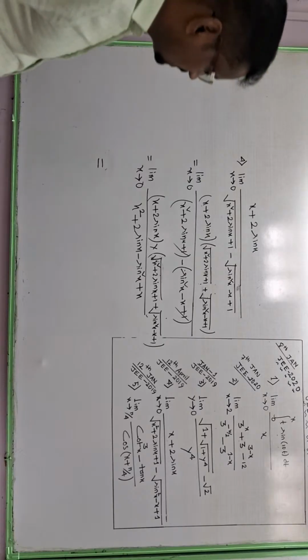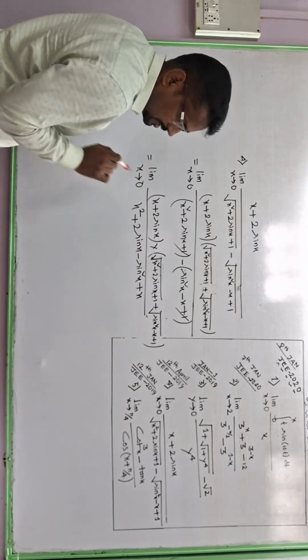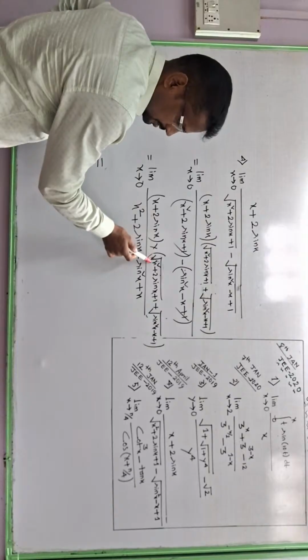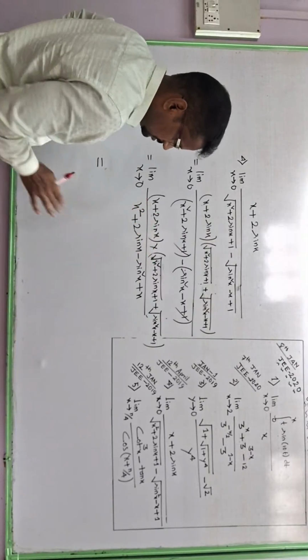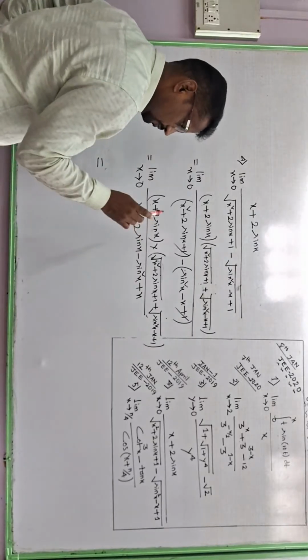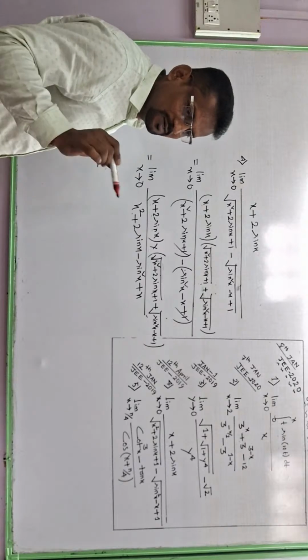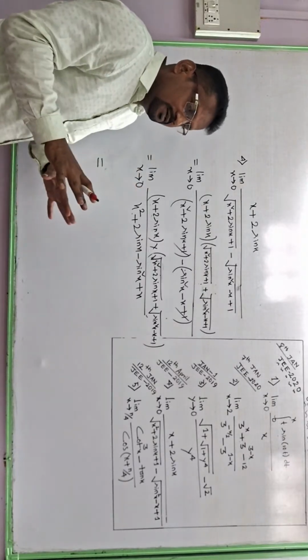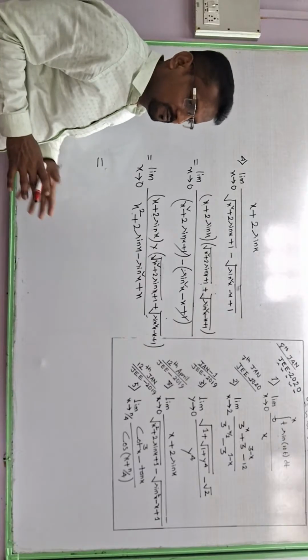Now you see, the problem is, if you put the limit, numerator will be 0, and if you put the limit here, denominator is also 0, the 0 by 0 form. After rationalizing, again the problem persists, situation 0 by 0 form.